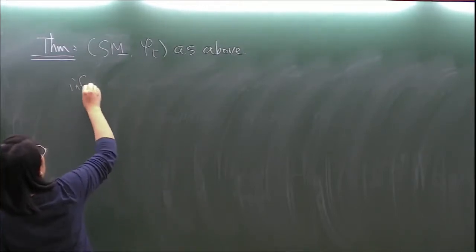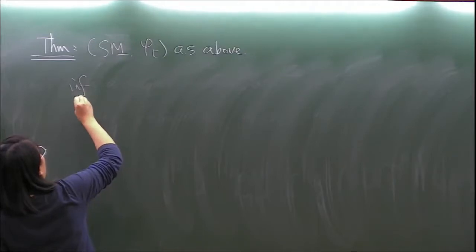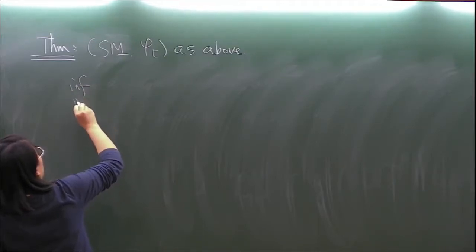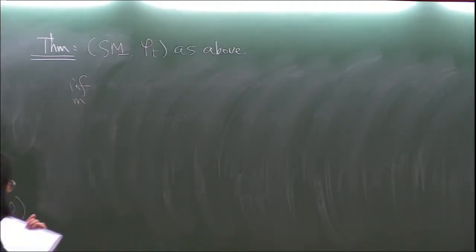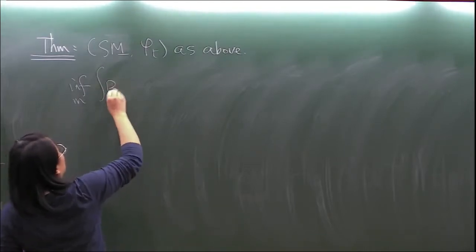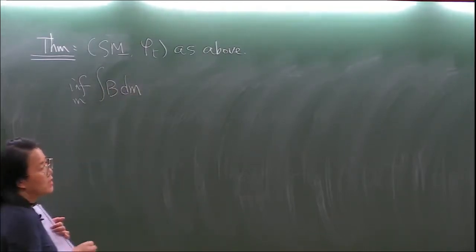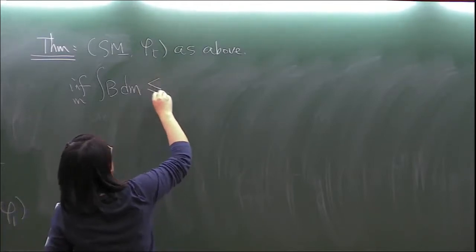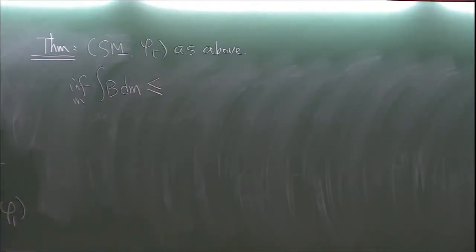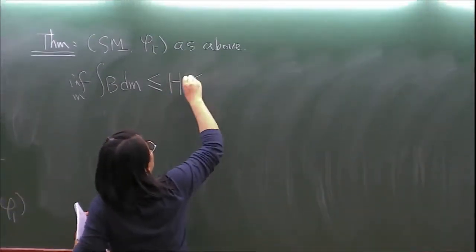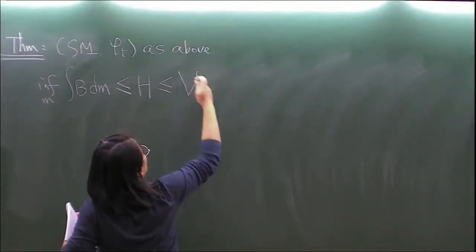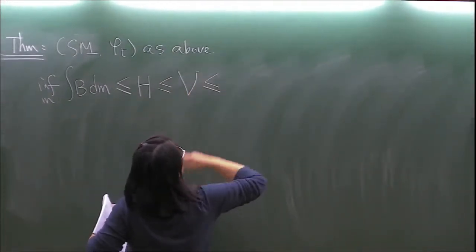You take the infimum among all the T-invariant probability measures of the integral of B. I claim this is less or equal to the entropy of this Liouville measure, which I will denote by capital H. This is always less or equal to capital H, and this is always less or equal to V.